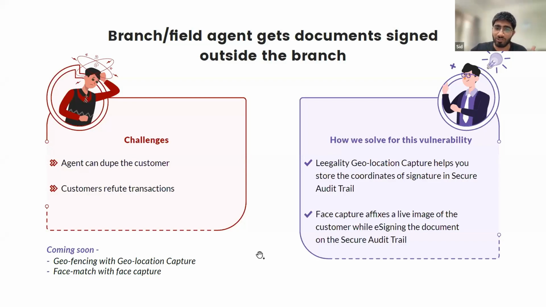Number one, for geo location capture, we are launching this new capability called geofencing, where you will be able to pass the latitude and longitude coordinates into our system when you trigger the signing journey, and specify the radius within which you want the signing to happen. And the journey will be successful only if these coordinates that actually get captured fall within that permissible radius, right? So that is one capability that will automate the manual review process that a lot of our customers do currently.